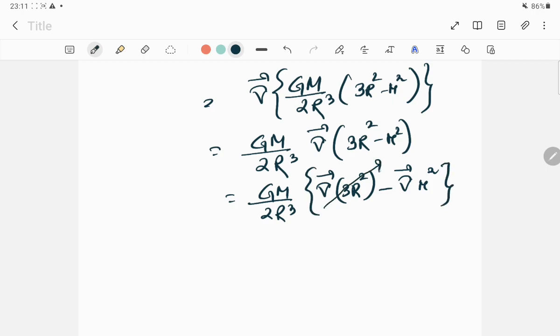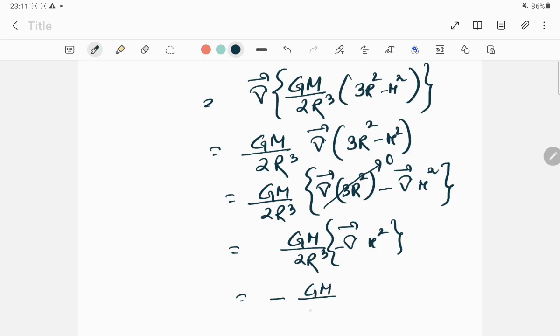So this part is constant, it will definitely become 0. So GM by 2R cube, so it will be nabla vector r square. So finally it will come out to be, you can check out the calculation in detail. So it will be r cap.